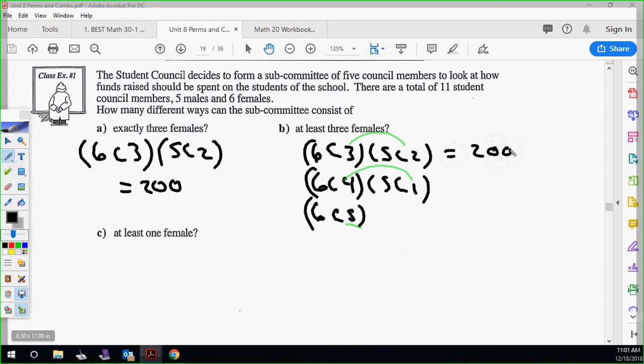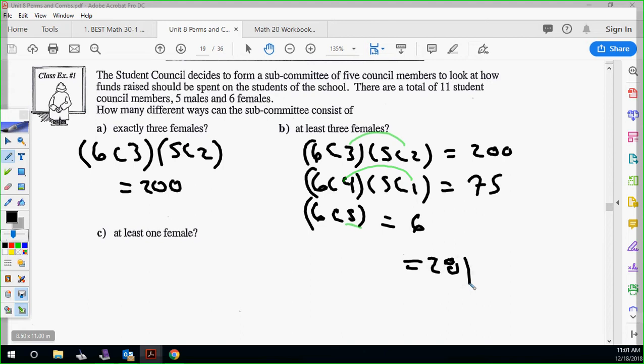We already know this one, we found that one out. Then we have 15 times 5, so that's 75. And then 6 choose 5 is 6. And we add all those up. The total is 281. There's 281 ways to have at least 3 females. Okay?